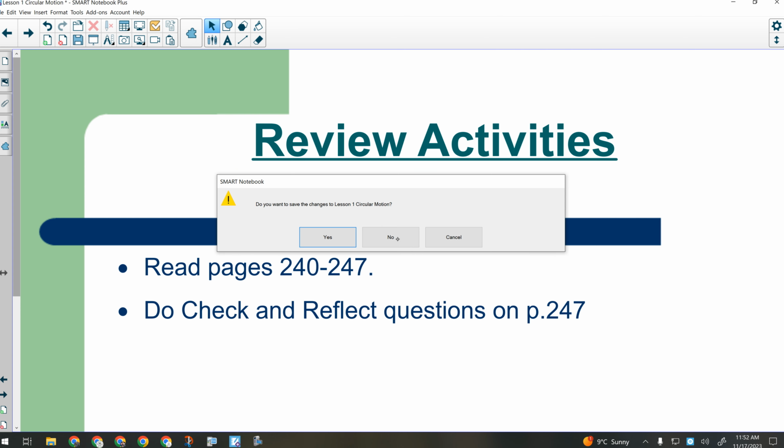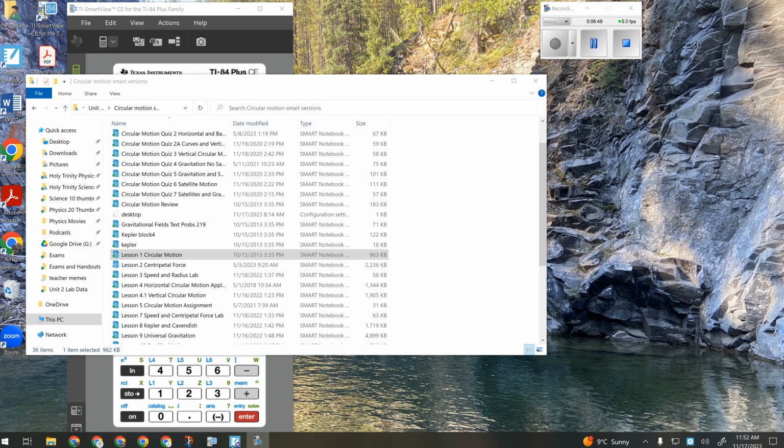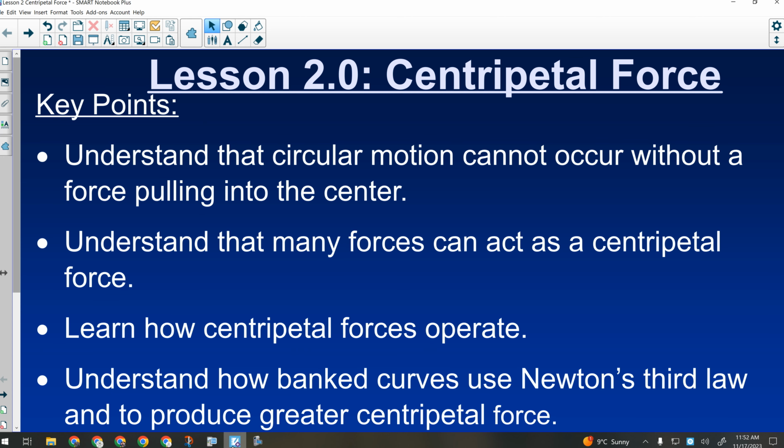All right, so we're going to move on now to centripetal force. We're going to talk about the force that causes that centripetal acceleration. Lots of forces can act as centripetal forces. In the case of our ghetto physics roll of tape on the string, what's providing the centripetal force?